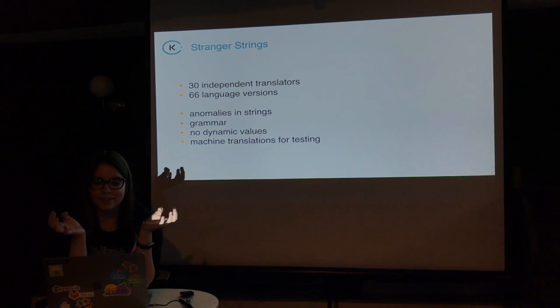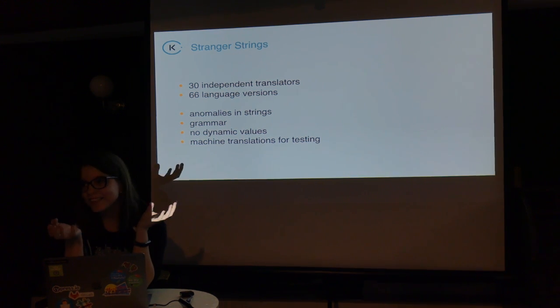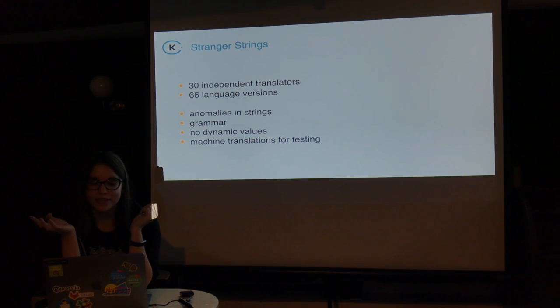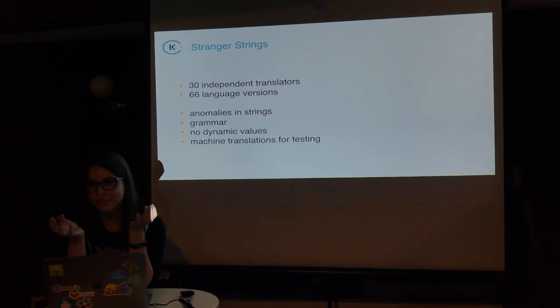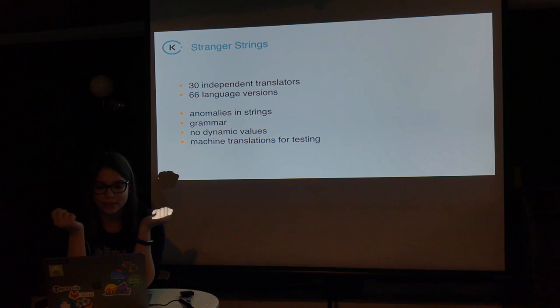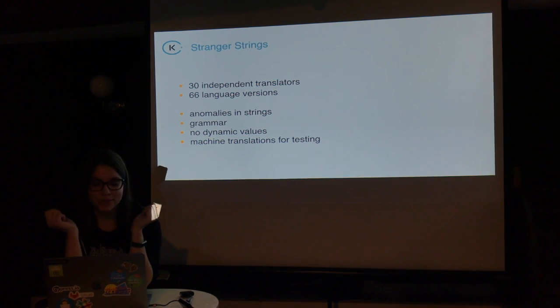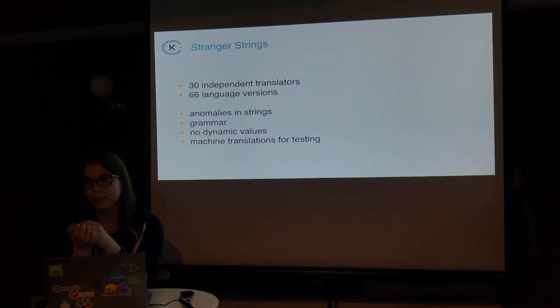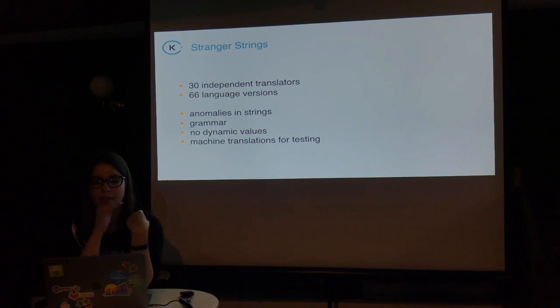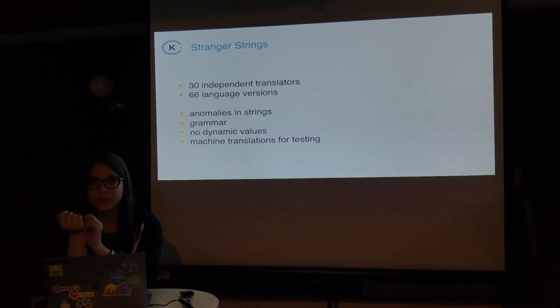Of course, there are many Englishes, let's say American, Australian, British English, so it's not 66 very different languages, but still we have 66 language mutations, and it's hard to be consistent in our translations. So what Stranger Strings does is that it looks for anomalies in strings. I will show you an example in a minute.